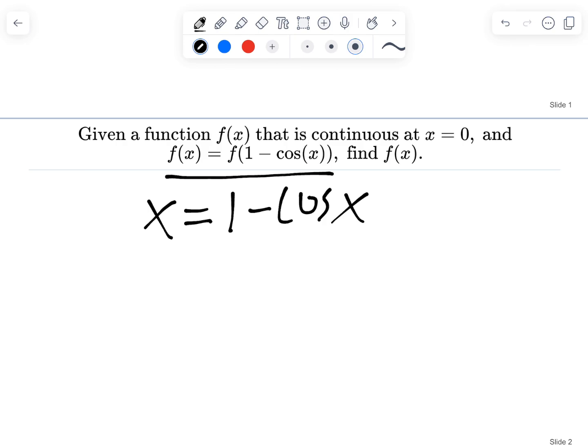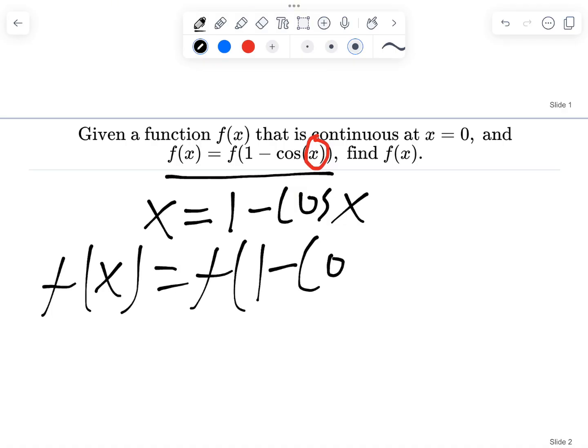Because this is a satisfaction, we can see that an x appears in 1 minus cosine x, and we can replace the argument x by using 1 minus cosine x. So the equation can be rewritten as f(x) equals f(1 minus cosine(1 minus cosine x)).